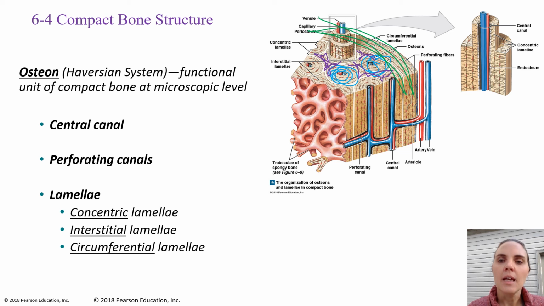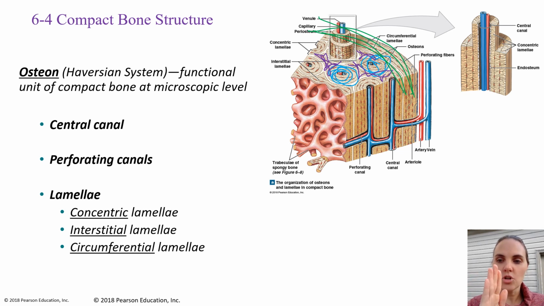In the long bone, the osteons are aligned in a parallel fashion, along the long axis of that long bone. And that makes the bone strong when stressed along the axis of alignment. You can kind of think about your bone as a straw.